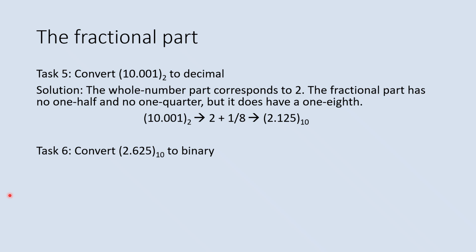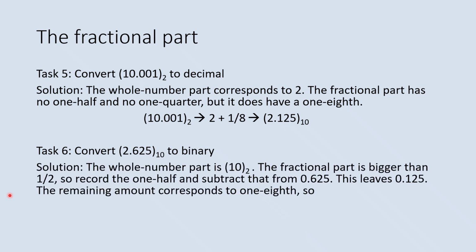Going the other way, if we have the decimal number and we want to convert to binary, again, there are other ways to do this. We're just using a traditional way of doing some calculations and thinking about what they mean. We will be more formal with algorithms later on. The whole number part of 2, this is the decimal value 2, is 1, 0.